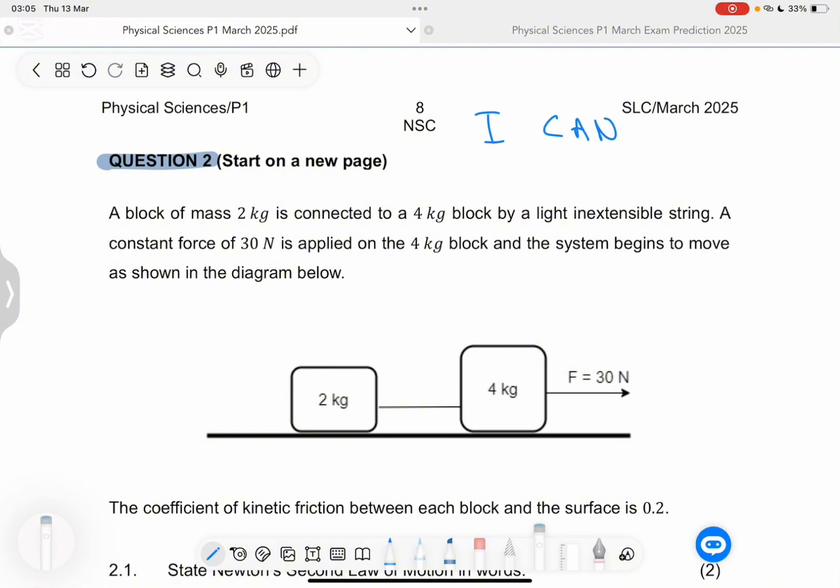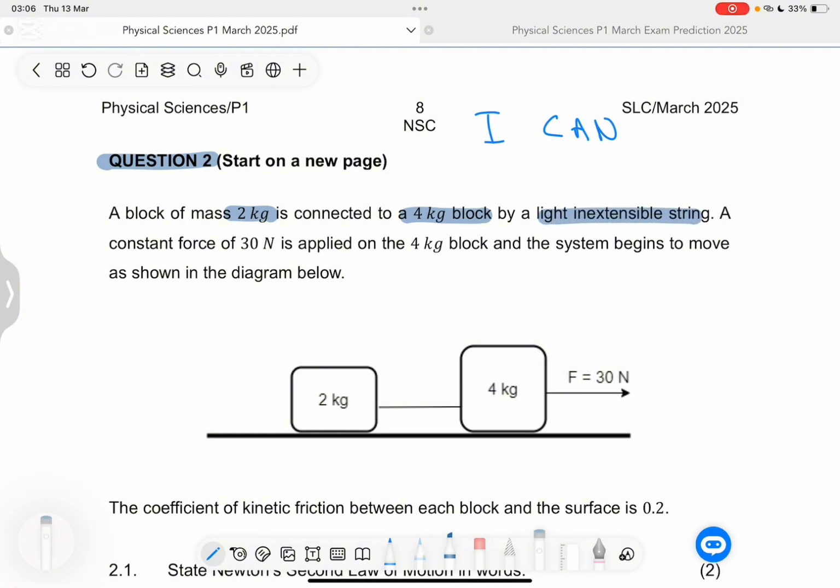I'll begin by interpreting the problem, and the first part of interpreting the problem is that we have to read the problem in order for us to go deep into it and interpret it. The question says that a block of mass 2 kg is connected to a 4 kg block by a light inextensible string.